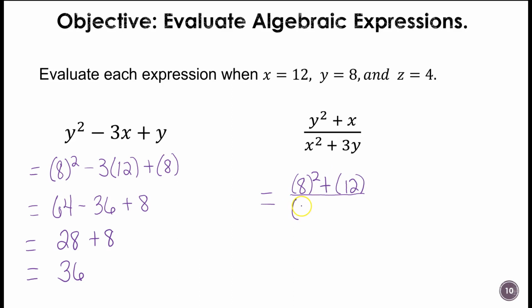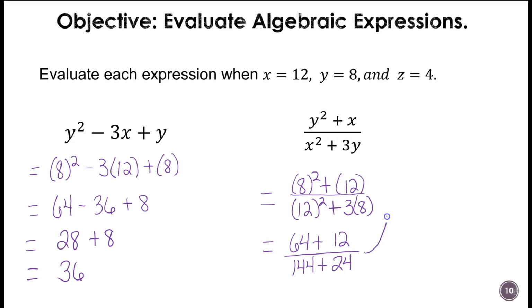We're going to have x squared, so 12 squared plus 3 times y, and y is 8. All right, so then we do some simplifying in our numerator. That's 64 plus 12. I just took the parentheses off of the 12 and took 8 squared. 12 squared is 144, and that's plus 24.